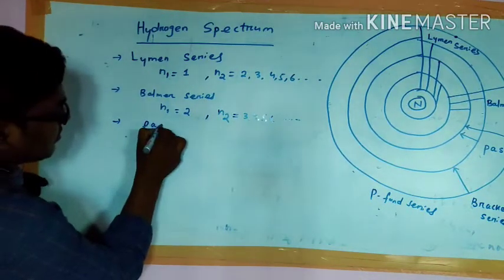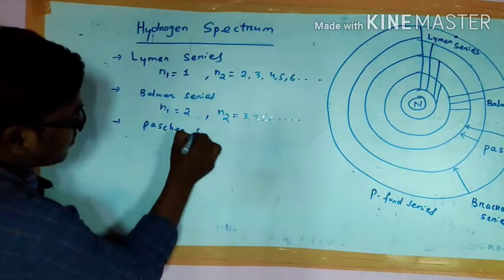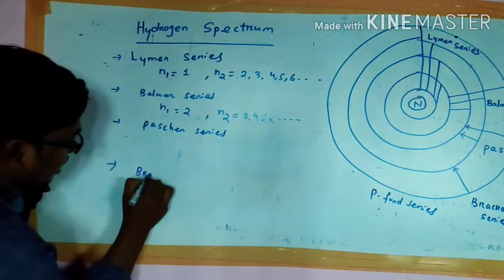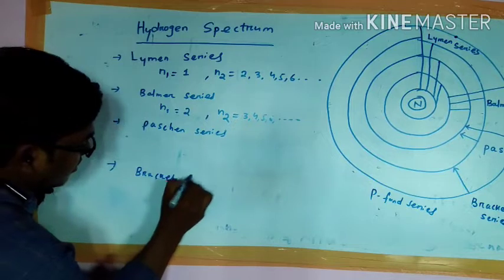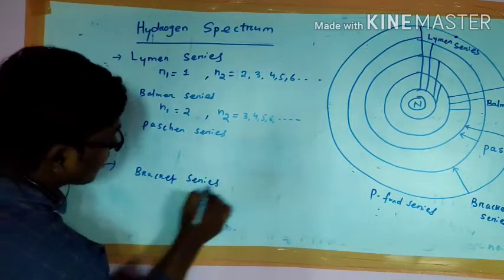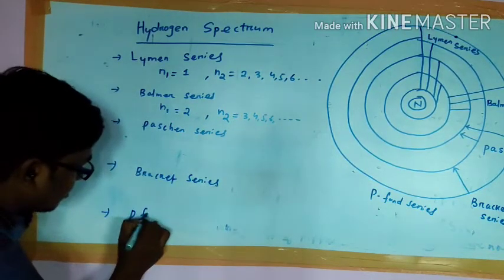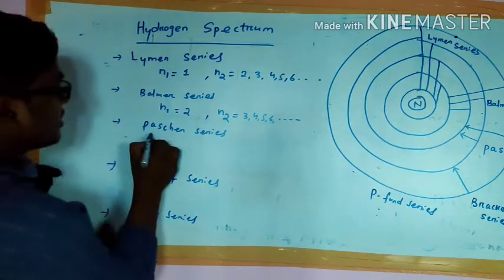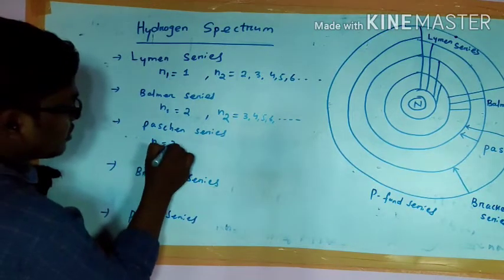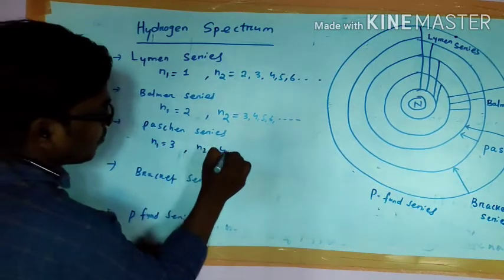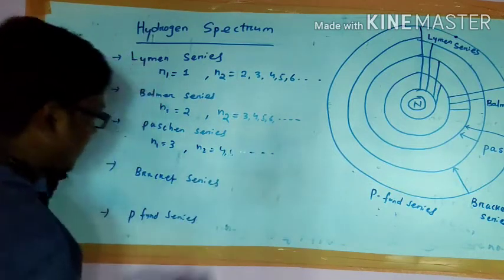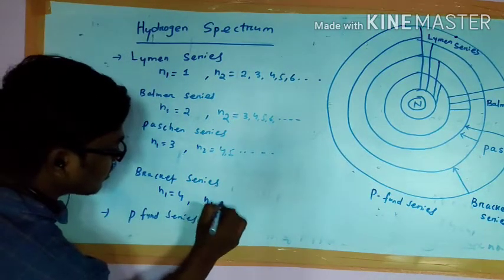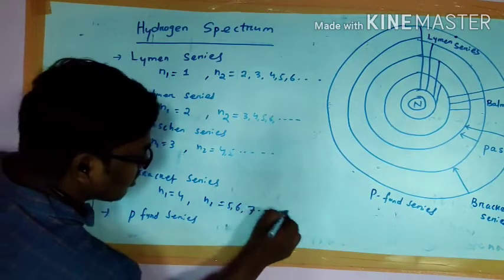Then Paschen series, then Brackett, and the last one is Pfund. For Paschen, N1 is 3, N2 is 4, 5, and so on. For Brackett, N1 is 4, N2 is 5, 6, 7, and so on.